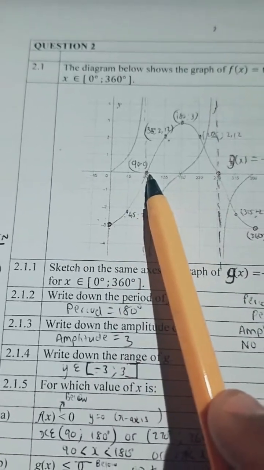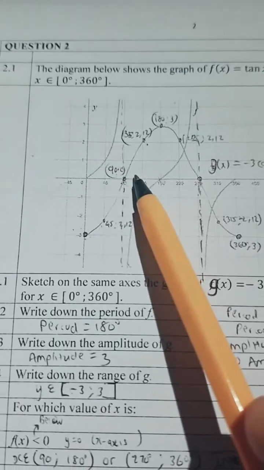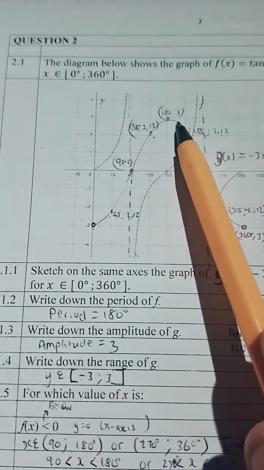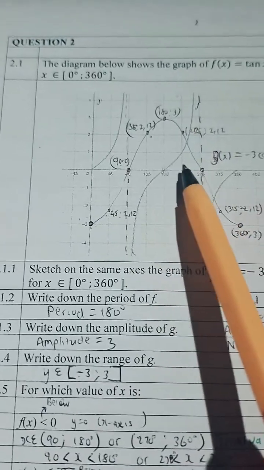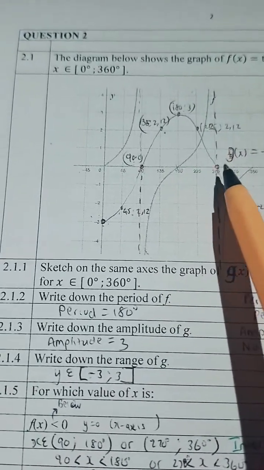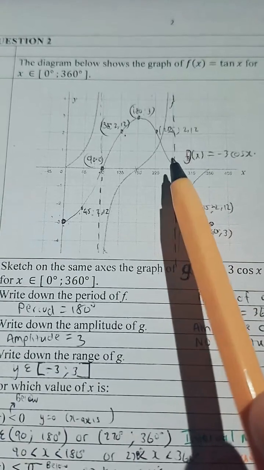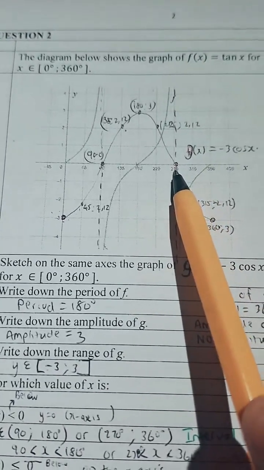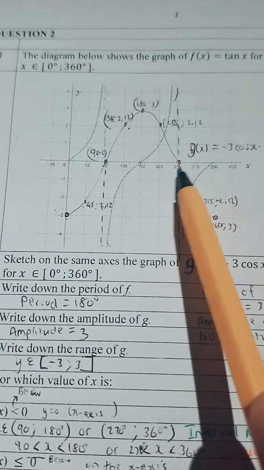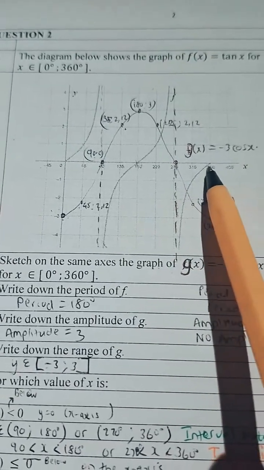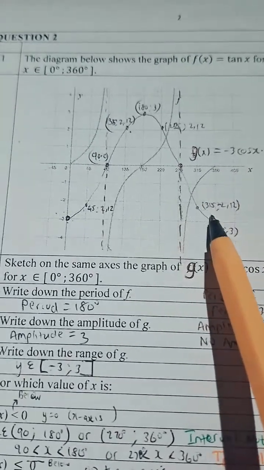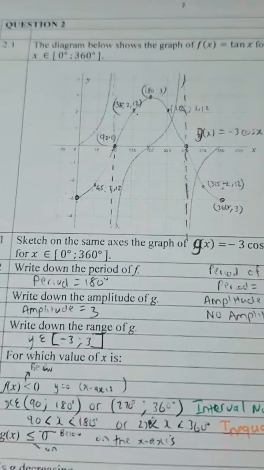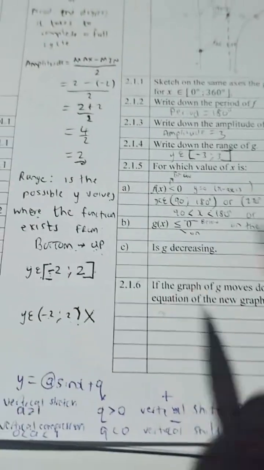What's happening from 90 to 180? We are above. From 180 to 270? Still above. At 270 we are on the x-axis, so we have an answer here. From 270 all the way to 360 we are below. We must include 360.